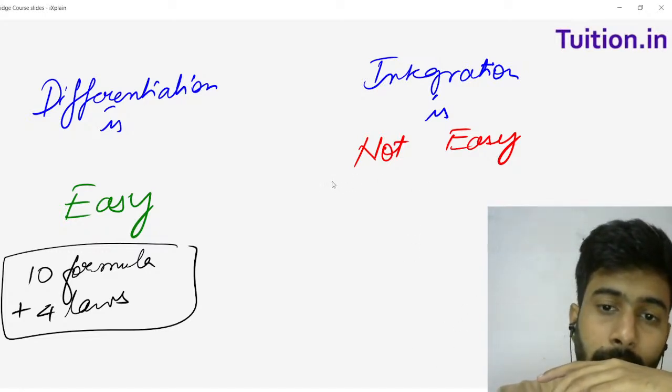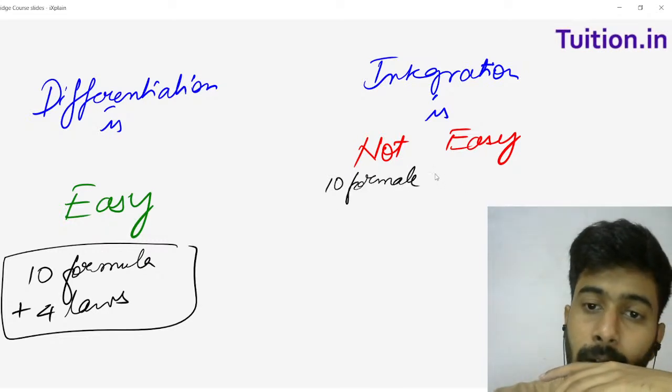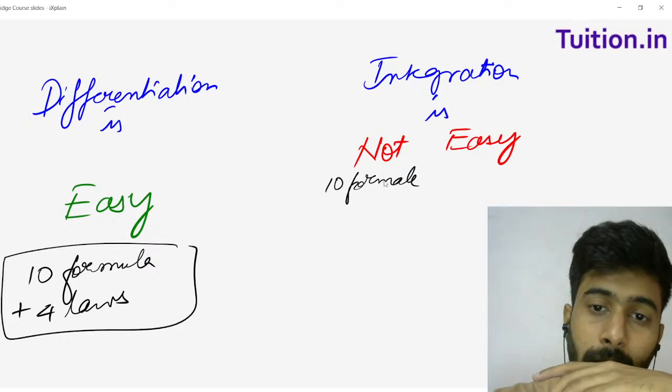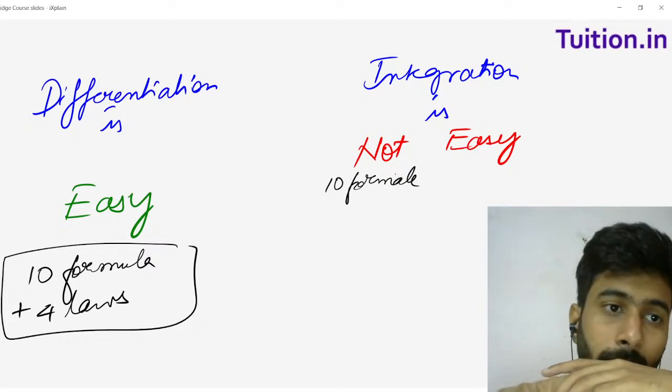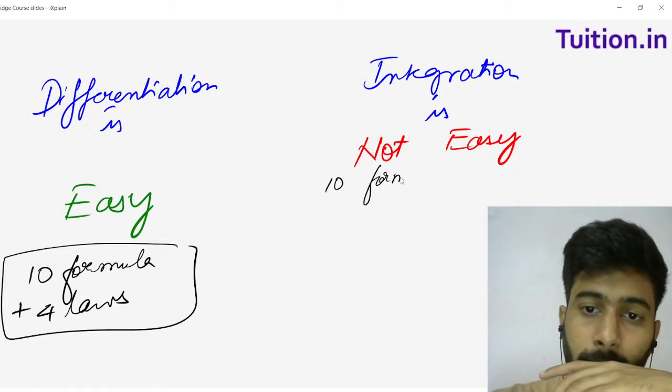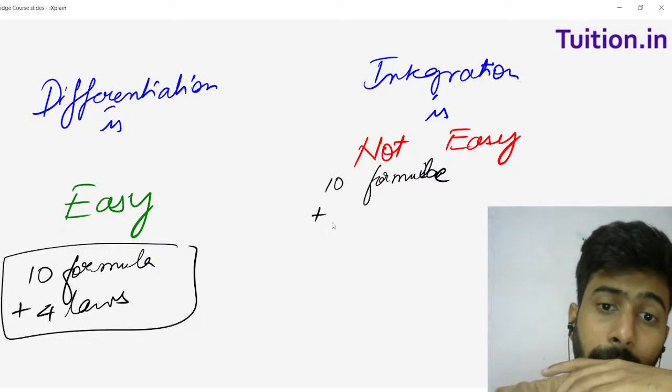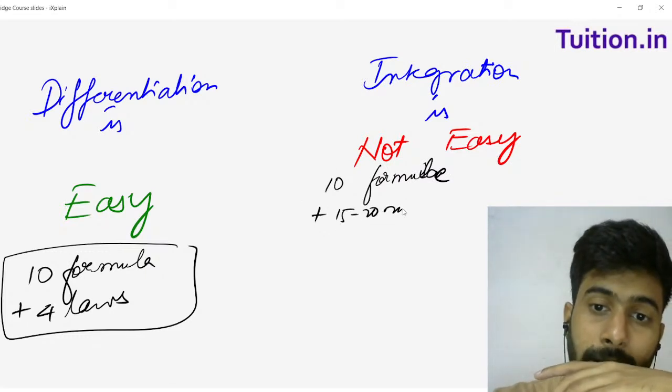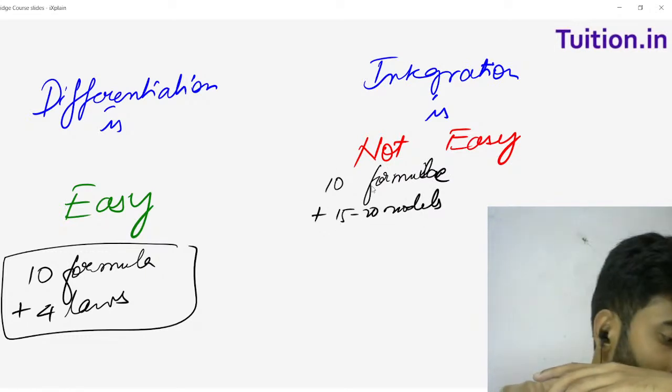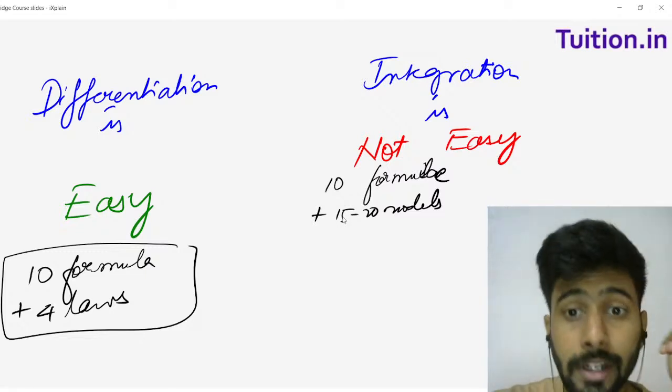Because for integration, first you need to know these 10 formulae. Then you need to know these 15 to 20 models, not 4 laws, 15 to 20 models.